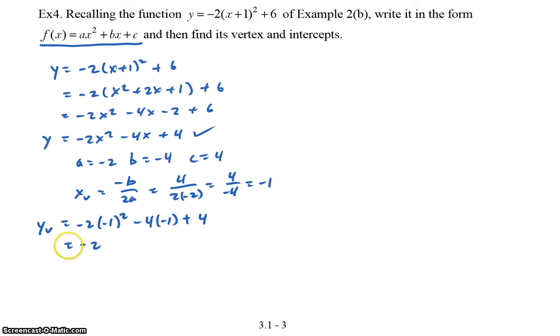So we'd have negative 2 plus 4 plus 4 and that gives us positive 6. So the vertex, using the vertex formula, is negative 1, positive 6. If you compare that to the result from example 2b using the standard form, that's the same vertex we obtained before.